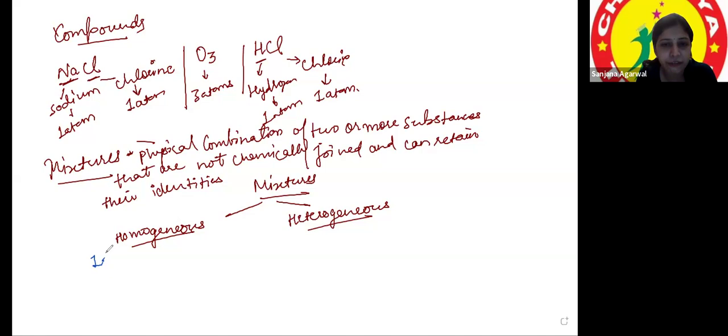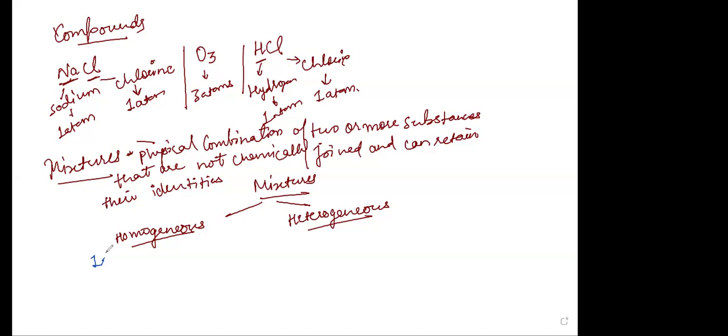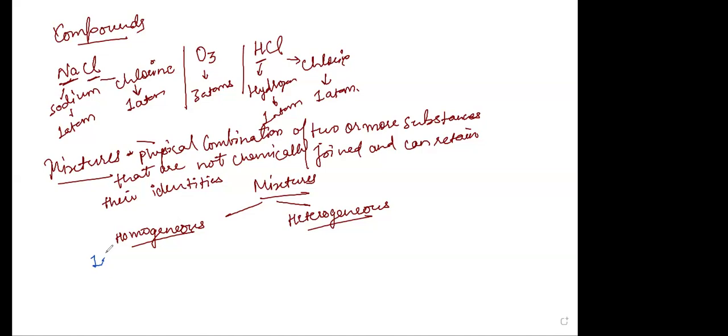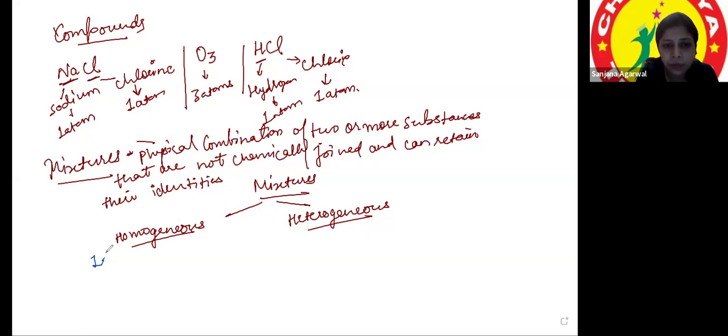which may vary. Ma'am, in homogeneous, they have uniform composition. And heterogeneous has mixed composition or non-uniform composition, whichever is easy for you to understand. Ma'am, can you repeat the heterogeneous?